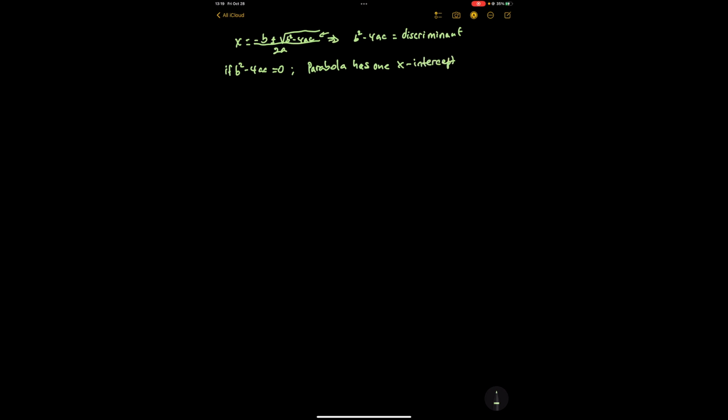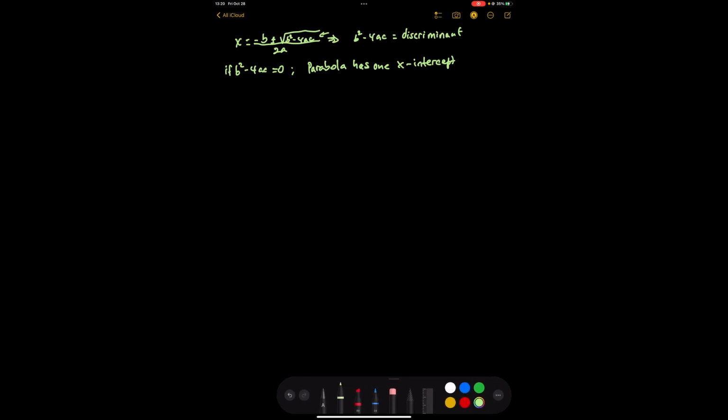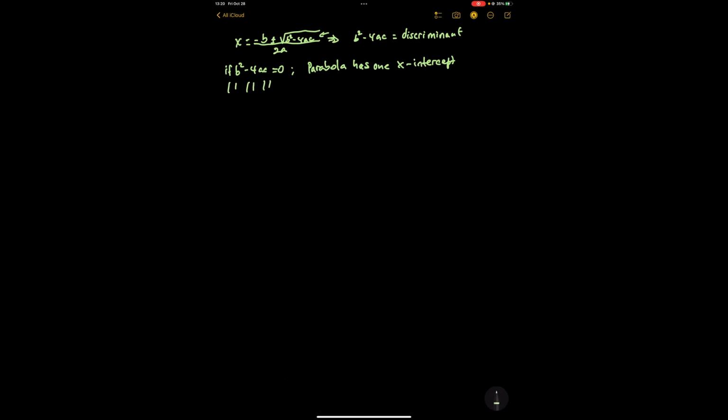If this is greater than 0, then the parabola has two x-intercepts. If this is less than 0, then the parabola has no x-intercept.